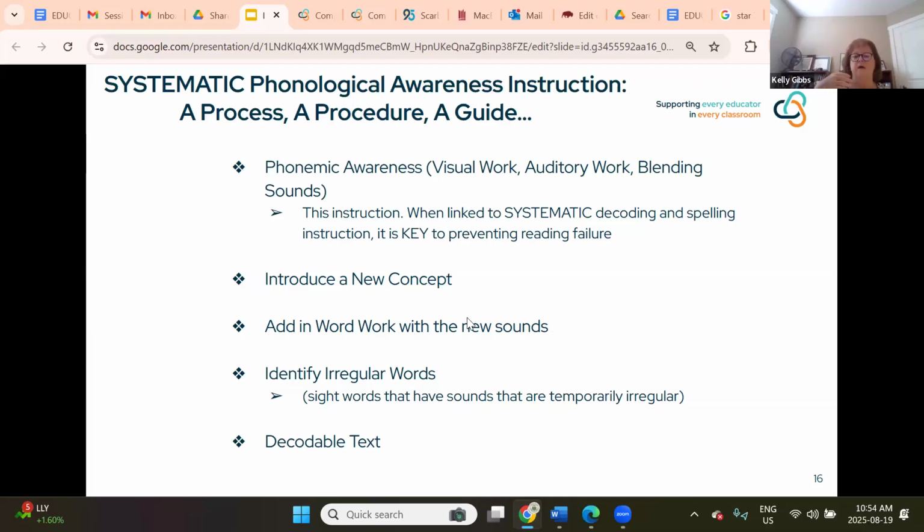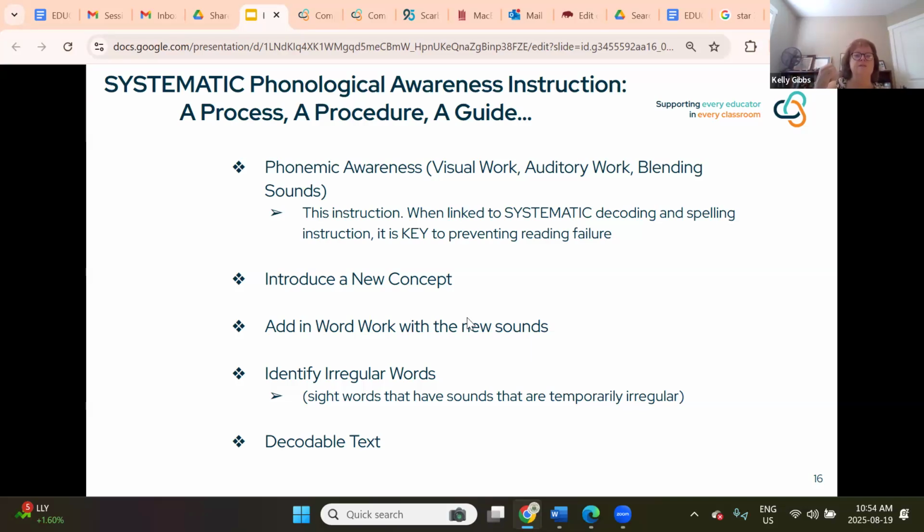And I have some people say, well, what about kids who don't need the phonological awareness? There's always a place for it in building metacognitive learning. And what you'll find in here is that ability for students to take what they learn and to apply it in other ways.